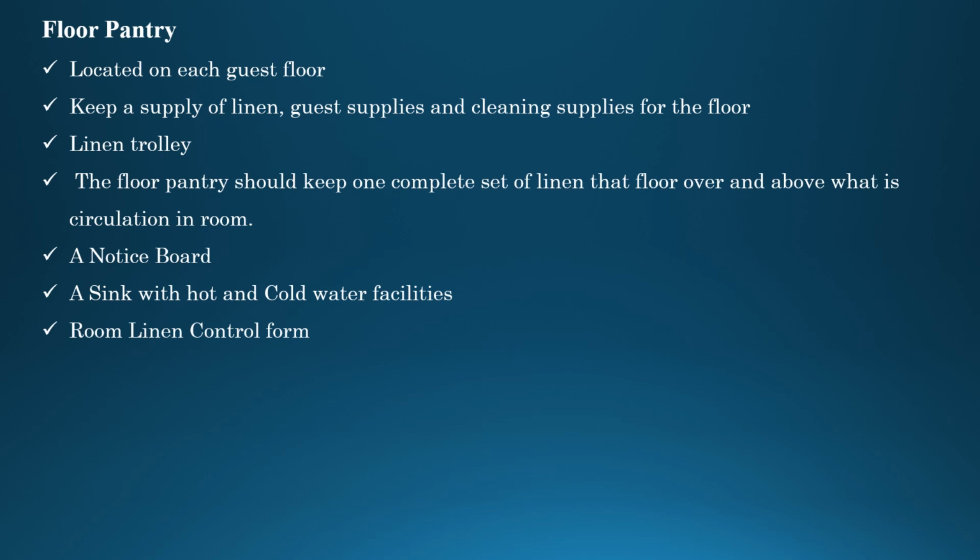Various records and forms which are maintained by the housekeeping department are also placed in the floor pantry. These are: the room linen control form, filled by the floor supervisor daily and sent along with the soiled linen to the linen room, where the signed copy is received back and filed. A copy of the room linen exchange form sent to the linen room.